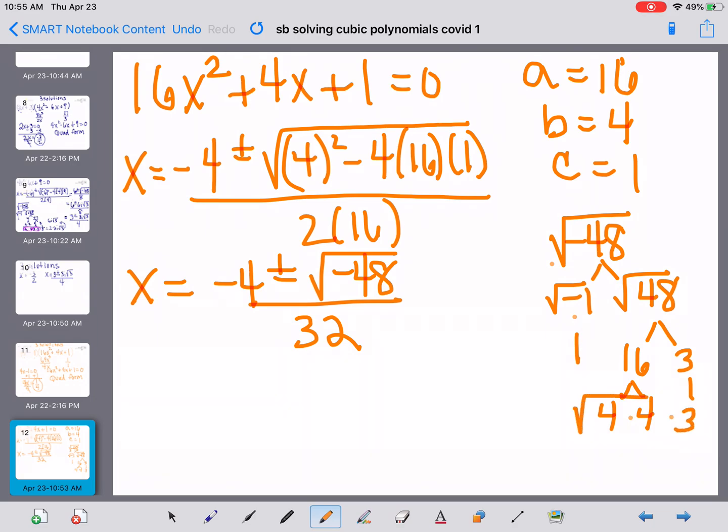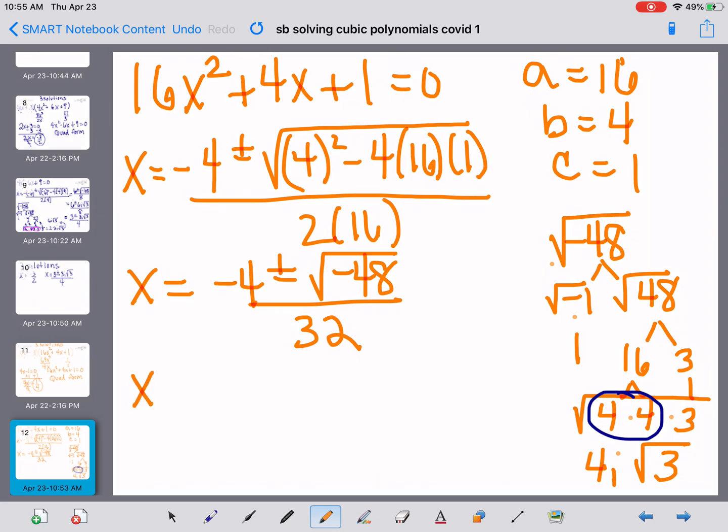And I'm just going to kind of cheat a little bit because we need 2 of the same to take out 1. We've got 2 4s right there. So we can take out 1. So we get 4i square root of 3 when we simplify that square root of negative 48.